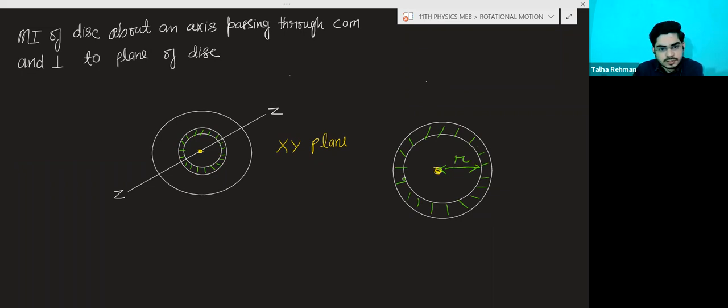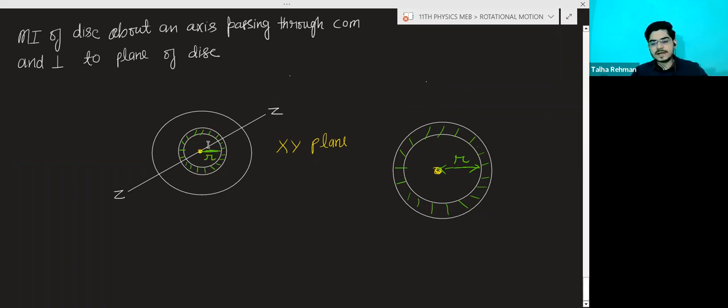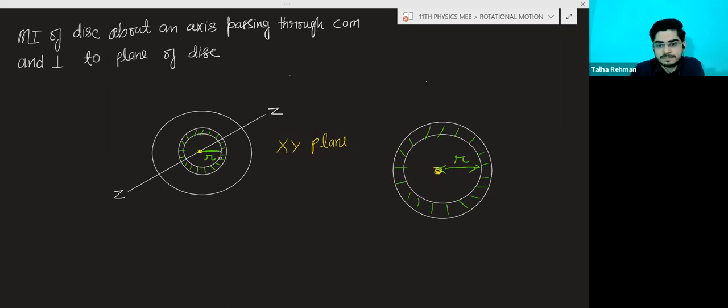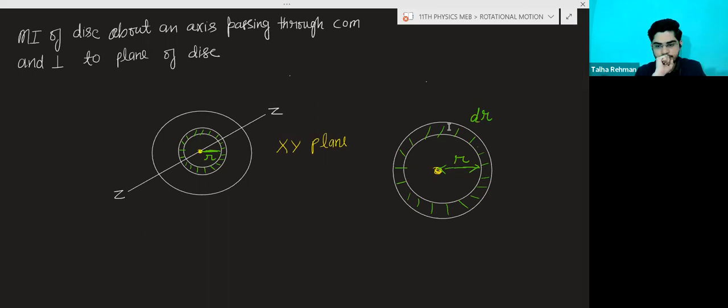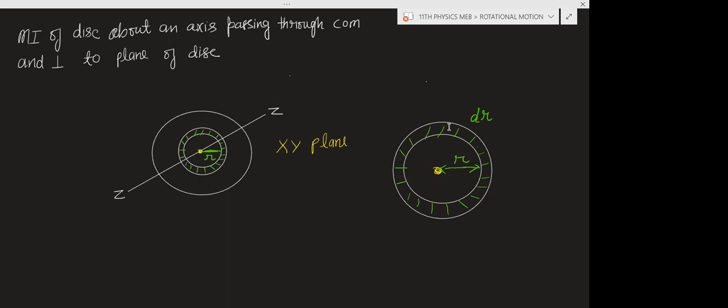This is the center of mass, and from the center of mass at a distance of small r, we have just taken an elemental ring, and this elemental ring has the thickness dr. Got it till here? Any problem? No, sir. Now see.